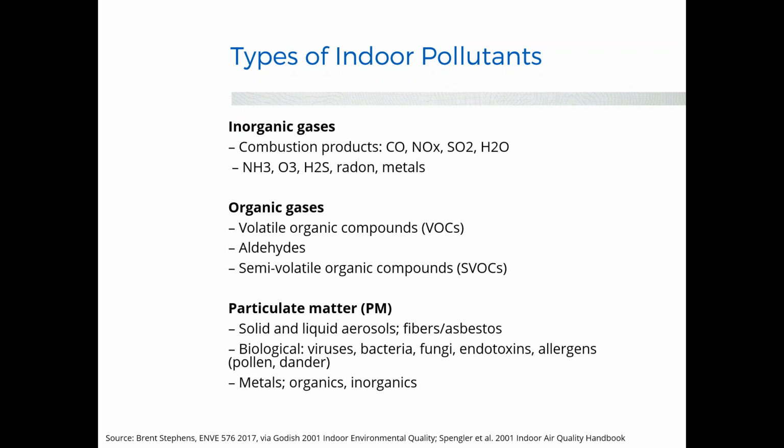So under inorganic gases, we have various combustion byproducts and other gases like ozone, ammonia, radon, etc. And then for organic gases, these are things like those volatile organic compounds I was mentioning, things from building materials, off-gassing of those materials, office equipment, whiteboard markers, humans, hygiene products, anything with a fragrance, this type of thing. Volatile organic compounds are ubiquitous in the indoor environment, so you will likely find them in most consumer products you see in a typical building.